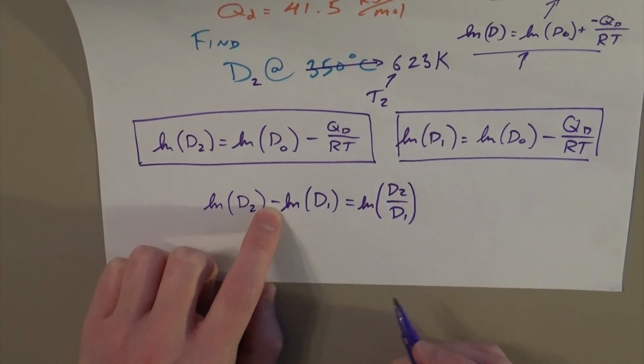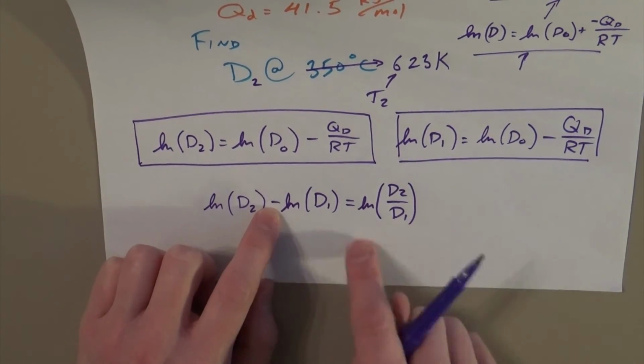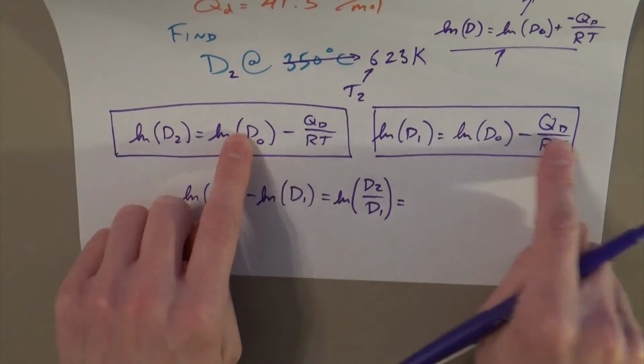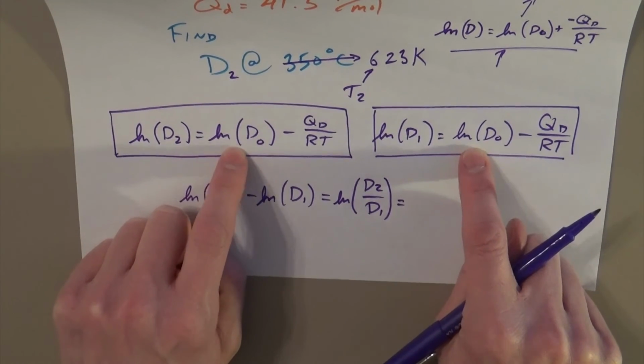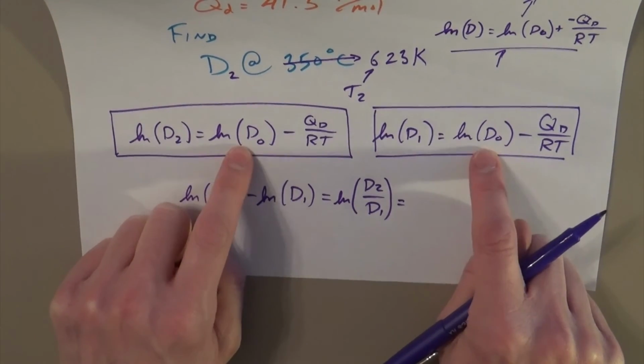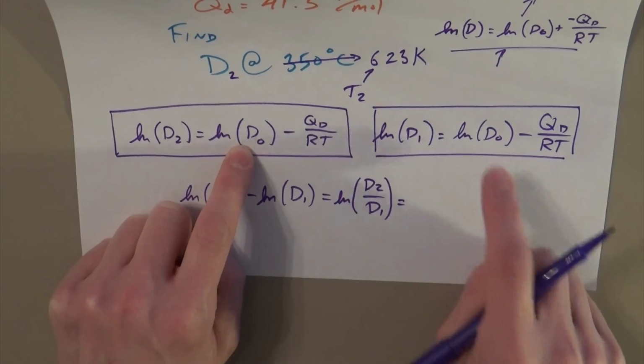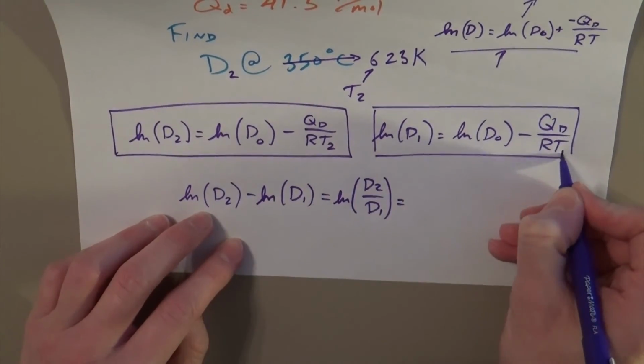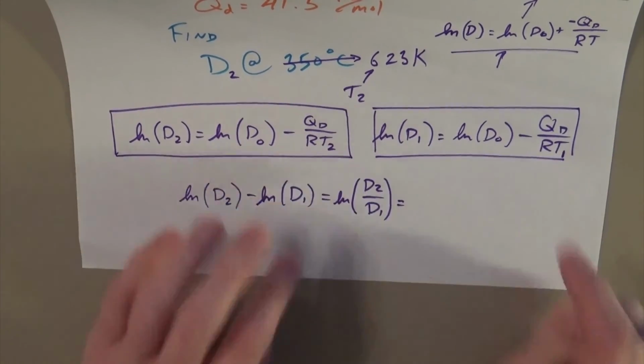If you want to talk about this in more detail, come to my office hours and we can chat about this. Then, taking these two and subtracting them, the natural log of the D0, the prefactor, is going to go away, which is great. And now we just take the difference here. Oh, sorry, there's going to be a 2 there and a 1 there, because temperature 2, temperature 1.